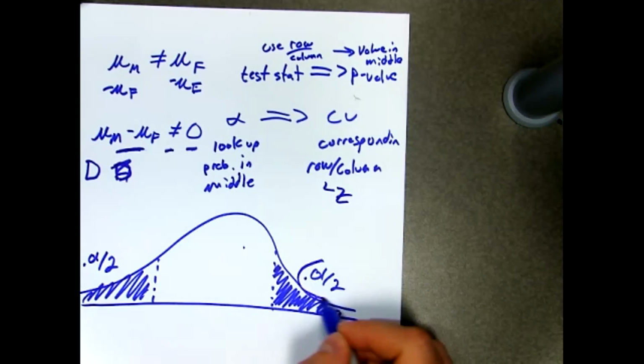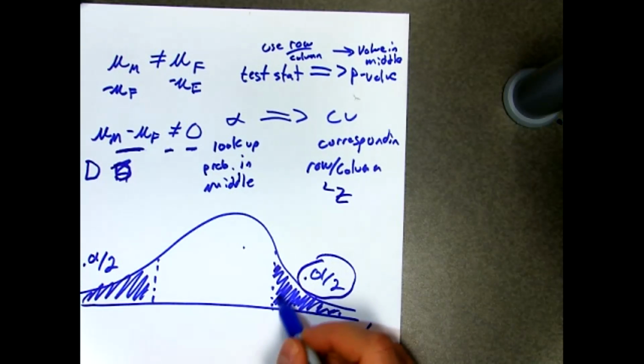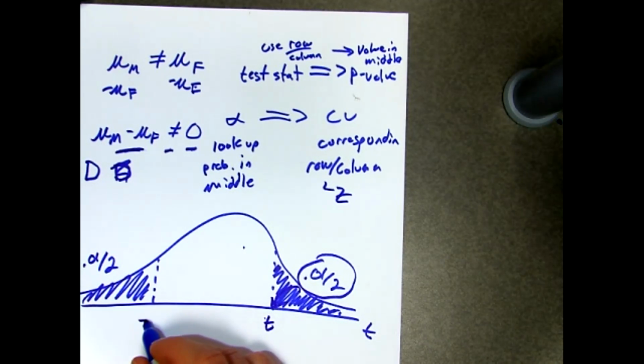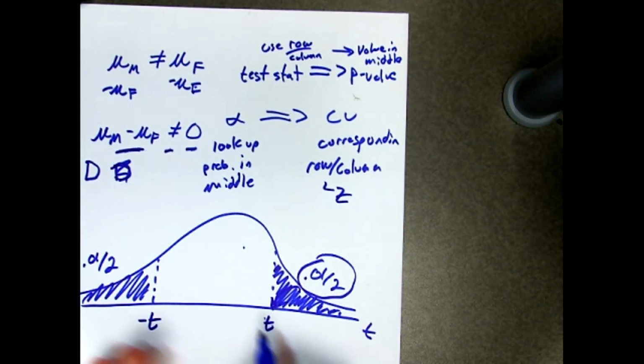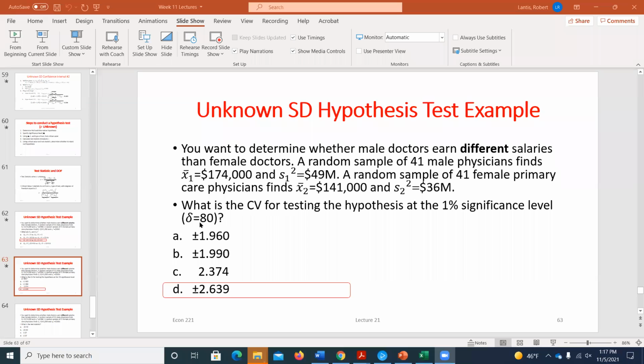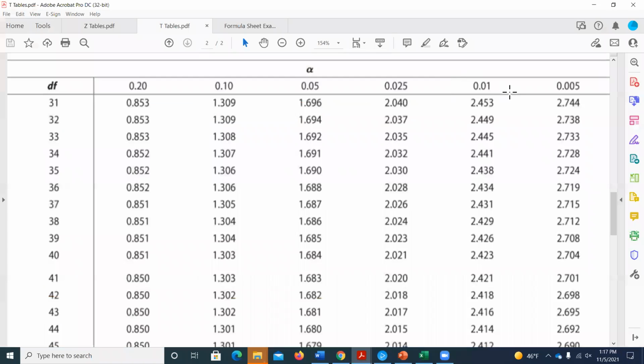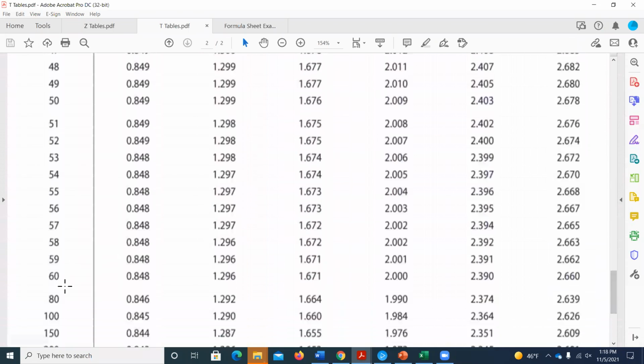We know that probability, or we know the area in the tail. We want to work in reverse to find what are these two T values that would give me those desired alpha over 2's in the tail. So my degrees of freedom is 80, right? So I'll go to my T table. I wanted 0.01 divided by 2, so 0.005, and degrees of freedom of 80.